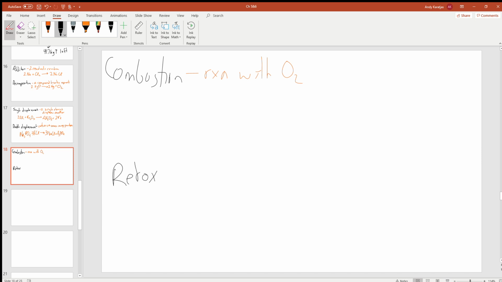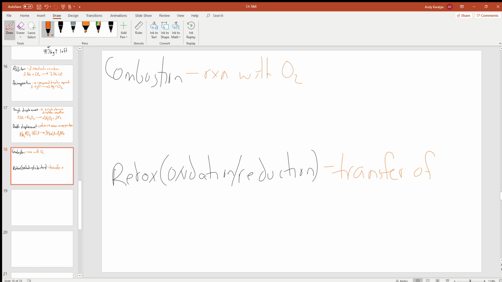These are known as redox or oxidation reduction, and these are reactions that involve a transfer of electrons. Combustion, we've seen examples of these before, such as any hydrocarbon reacting with oxygen, burning of fuels to form carbon dioxide and water.